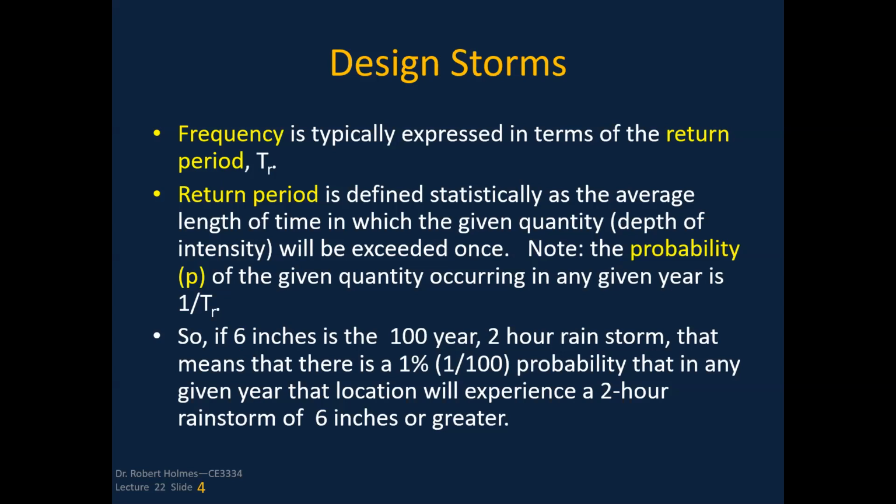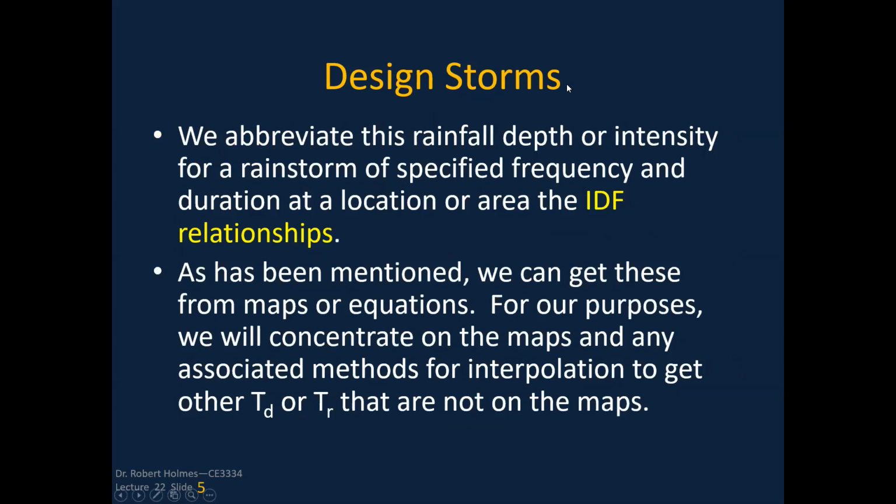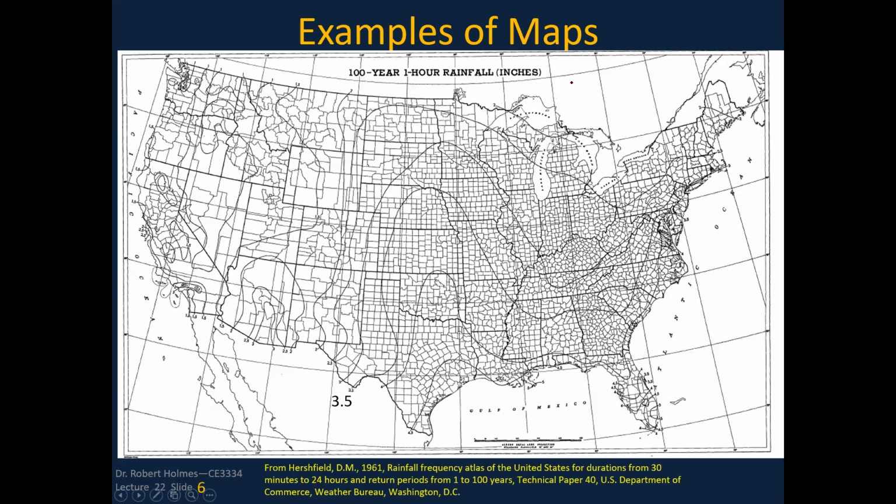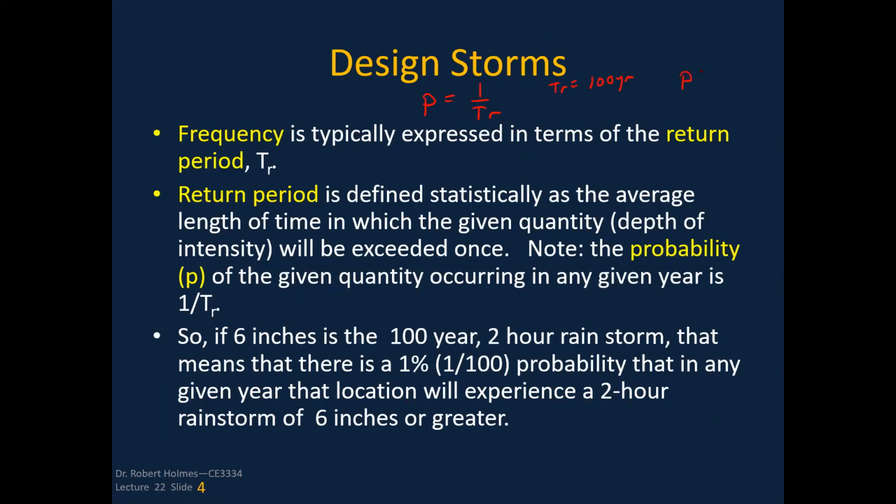Frequency is typically expressed in terms of return period, TR. I mentioned this last time, but the probability is equal to 1 over TR. So when we talk about a 100-year event, TR equal to 100 years, what we're talking about is that probability is 1 over 100 or 0.01 or 1%, okay?